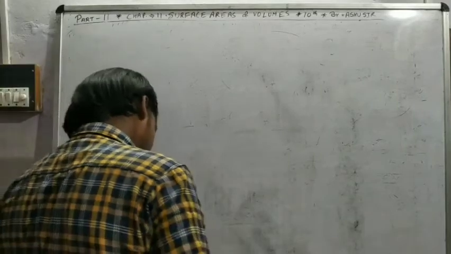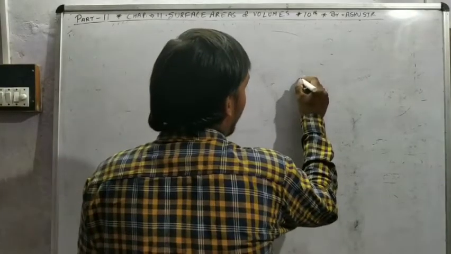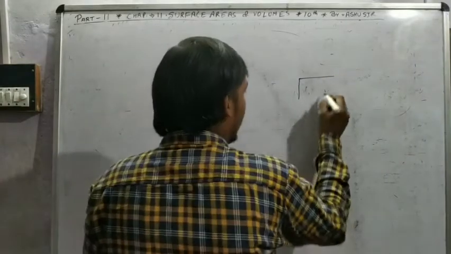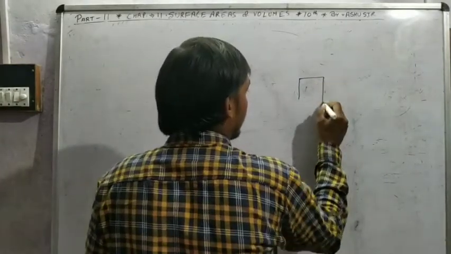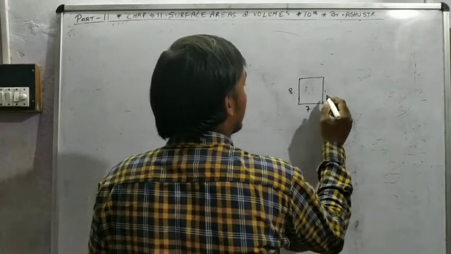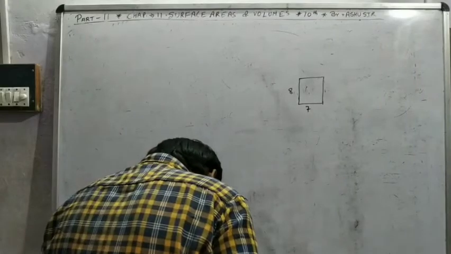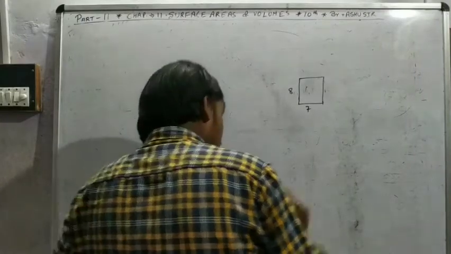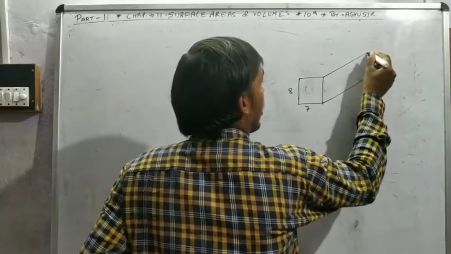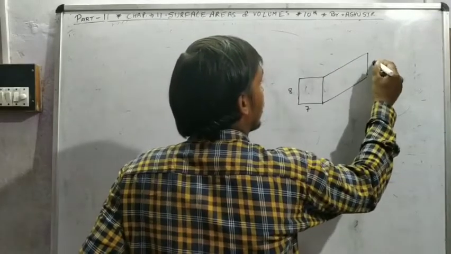First we draw the figure. Cuboidal base of height 8, dimensions 7 breadth, 15 length and the height is 8 meter.